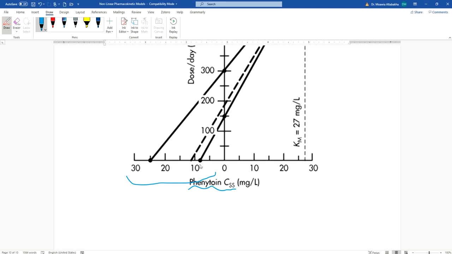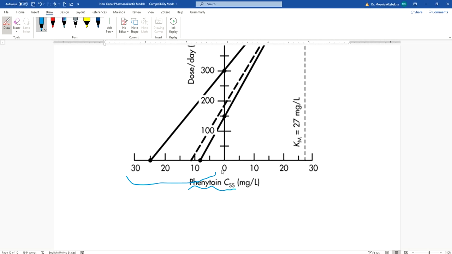But forget about negative here. We are talking about concentrations. From this side you will have Cp average, which is for pointing the Cp average that you get from any dosing rate, and this side is for determining later the Km.